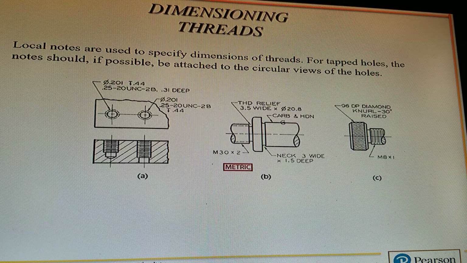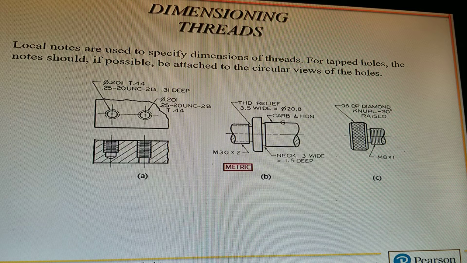On the right, on B, they have a note there. It says M30 times 2. That's basically a threaded rod there. And then you have a thread neck relief, a sort of neck on both sides of that middle part.